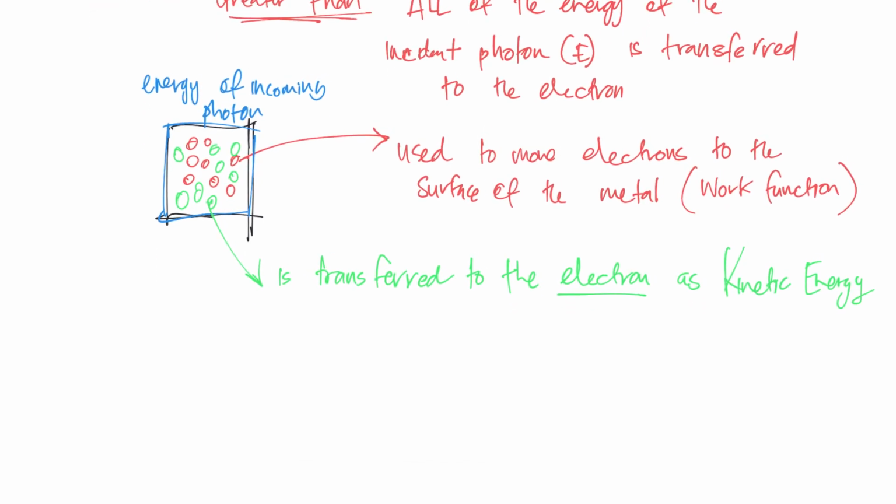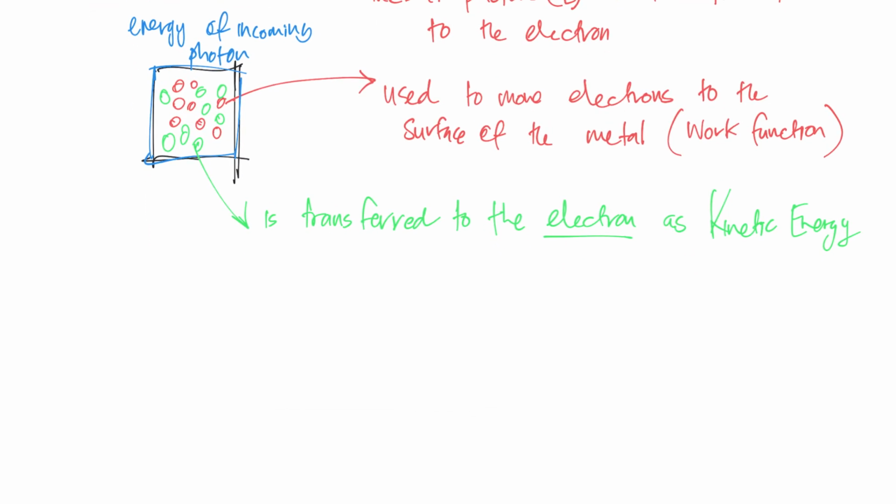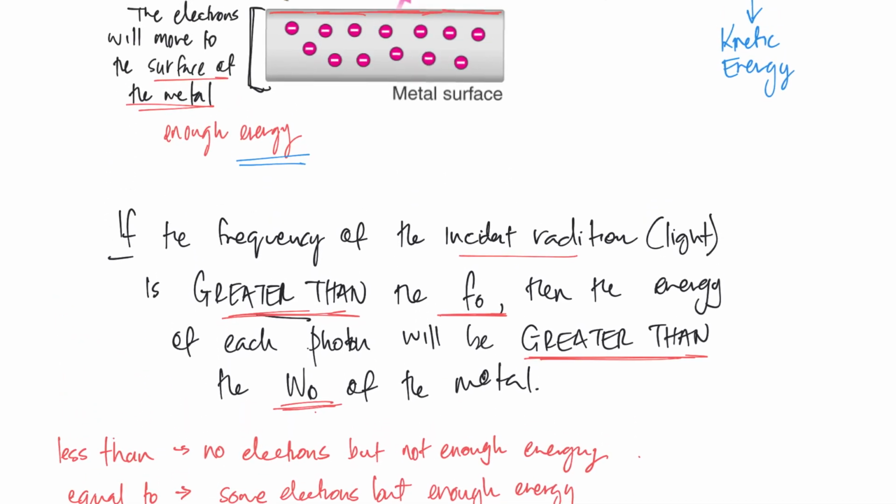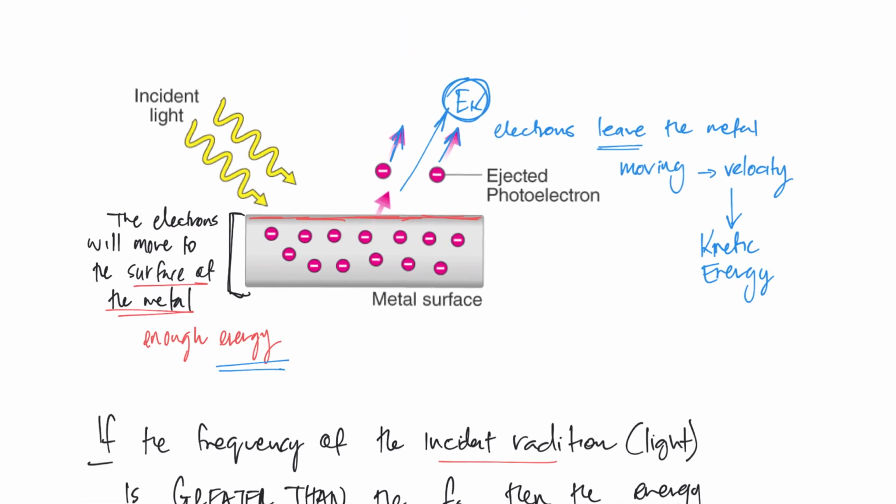Now, if the electron has kinetic energy and it has this EK over here, it will be ejected, or we can say it will leave the metal. And that's how we end up with this situation here.